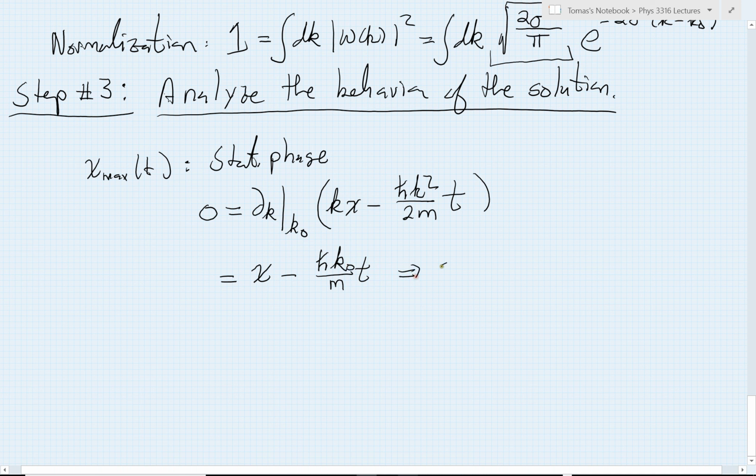So this tells me that x equals h bar k naught, that is just the mean momentum, the most commonly observed momentum in my packet, divided by the mass, which of course is velocity, times time t. And that behaves just the way we would expect a nice free space wave packet to behave.